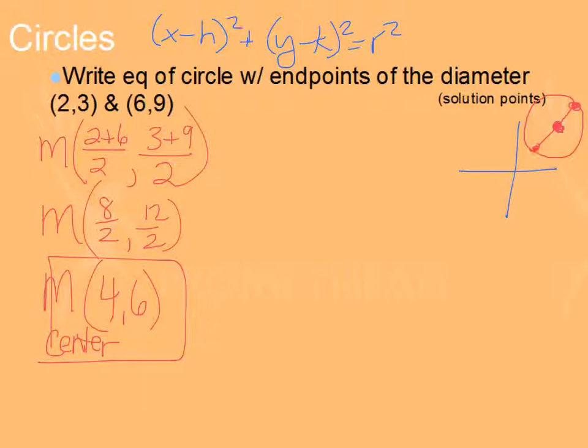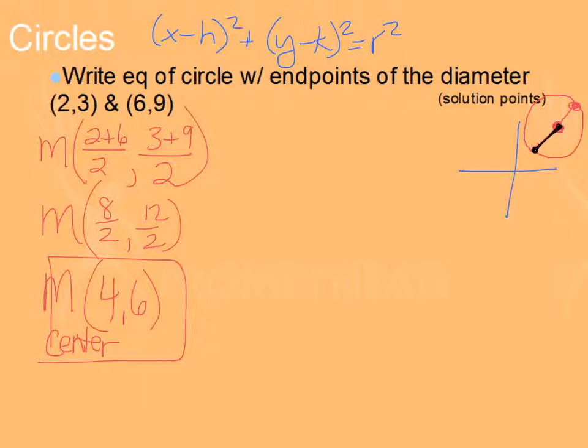And sometimes, now this one they said these are the endpoints of the diameter. On your homework, sometimes they'll just call it a solution point. A solution point is some point that falls somewhere on the circle. Could be anywhere. All right, so I'm going to find the distance between the center and this point over here, because that would create a radius.